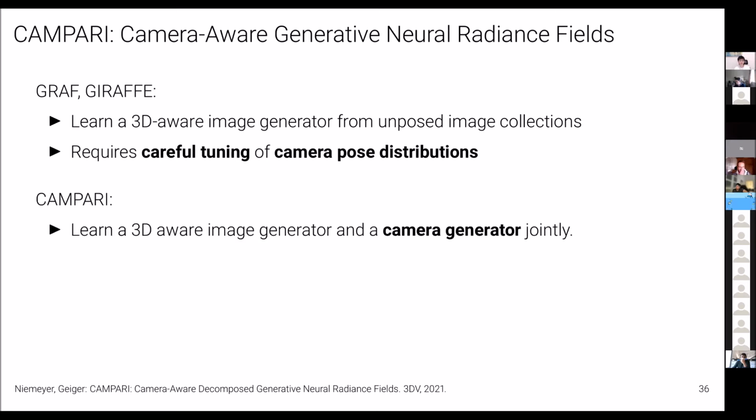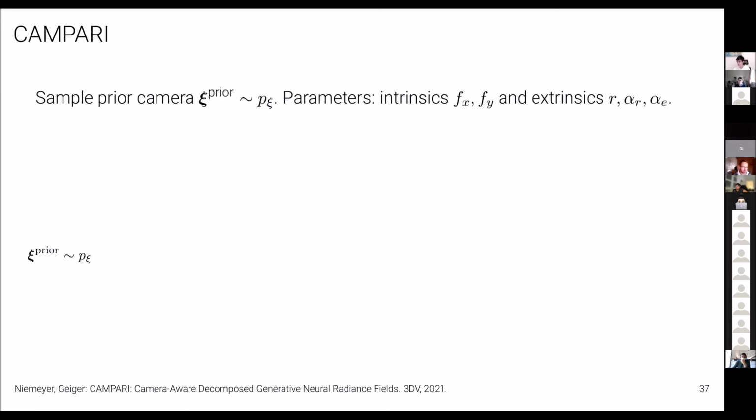So what we tried to do in this project is to lift this restriction by learning a 3D-aware image generator and a camera generator jointly. And it turns out that this actually works. So what we do now is we sample a prior camera from a very generic uniform prior distribution, where this camera is parameterized through its intrinsics.